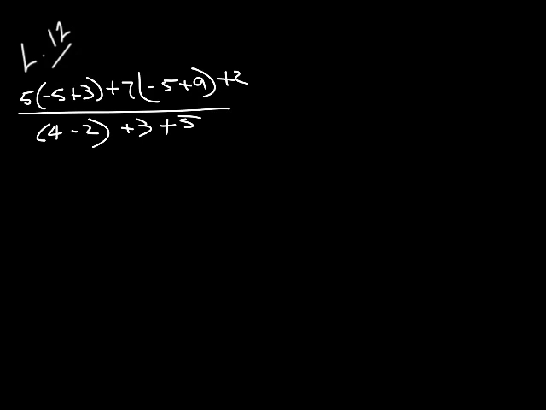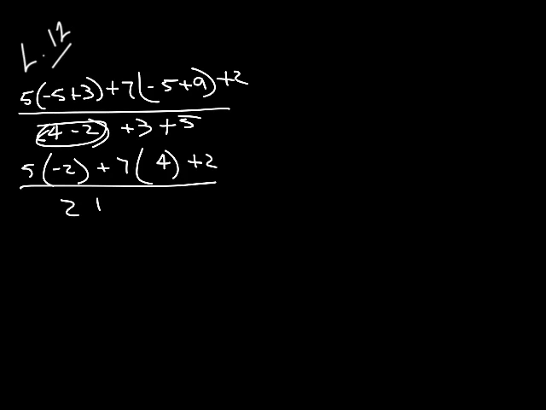Let's see if we get 2, which is what the answer is. And again, I'm doing these one little step at a time. Signs are different. Negative 5 plus 9, signs are different. This part here, we're going to get 2.